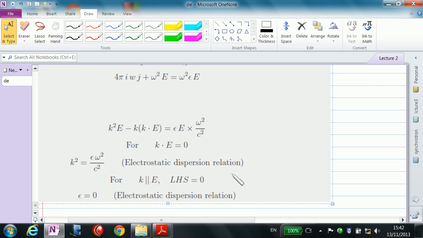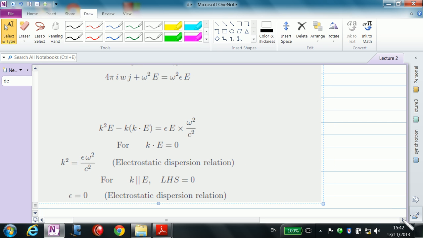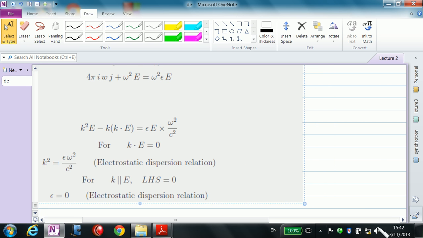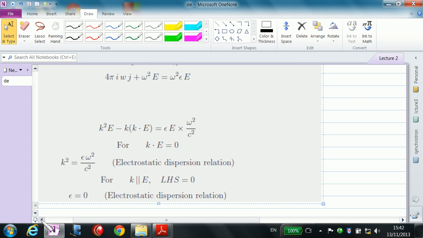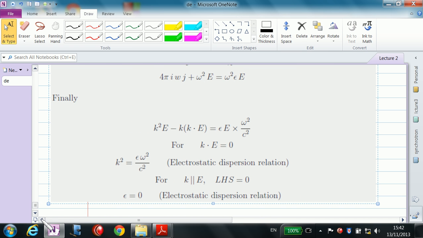You know, in PowerPoint you just press it, there's just an arrow somewhere. All right, that'll have to do.